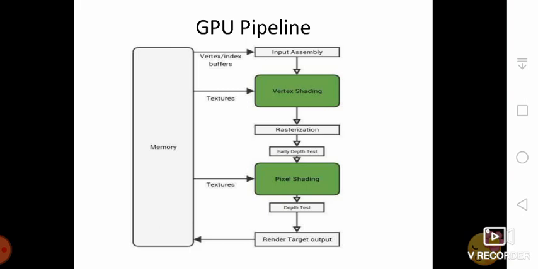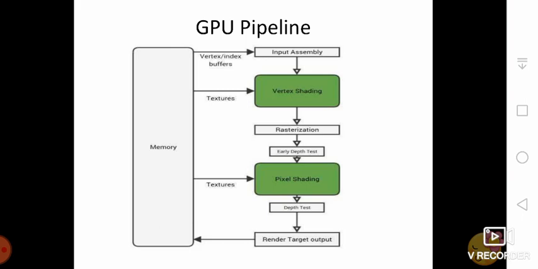Then vertex processing. This stage processes vertices, performing operations like transformation, skinning and lighting. A vertex shader takes a single input vertex and produces a single output vertex. Then pixel processing. Each pixel provided by triangle setup is fed into pixel processing as a set of attributes which are used to compute a final color for this pixel.